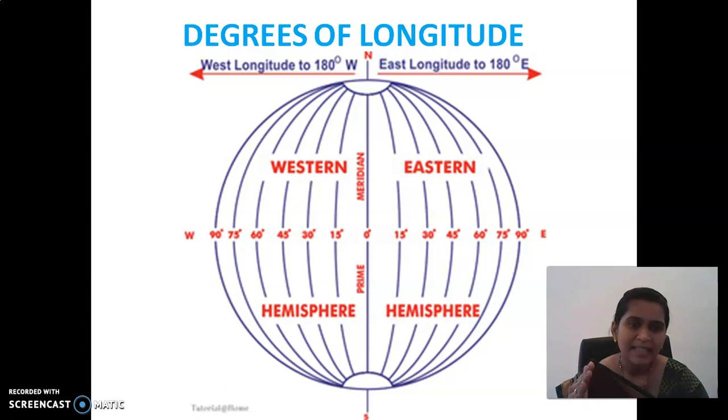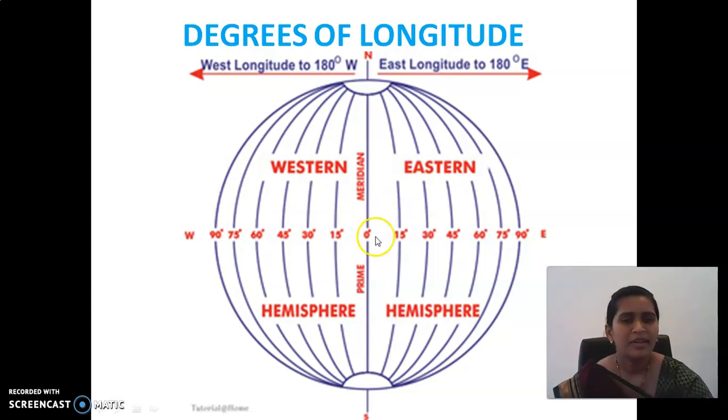Coming to the right side, this is the eastern hemisphere, and coming to the west side, that is the western hemisphere. Guys, understand? 0-degree longitude is the prime meridian, and it divides earth into two equal halves, that is the eastern hemisphere and the western hemisphere.